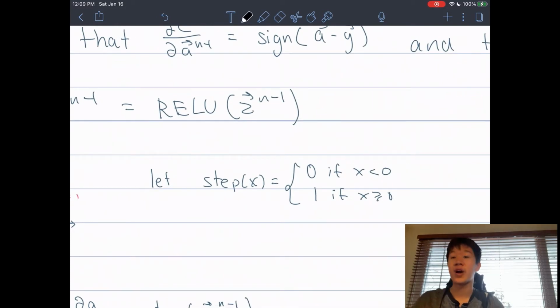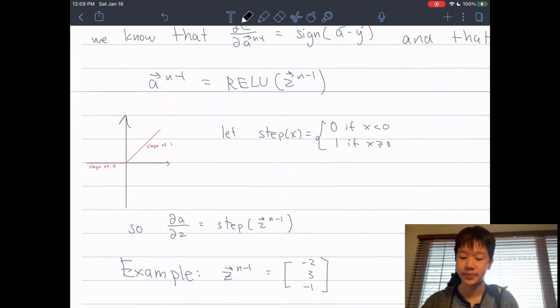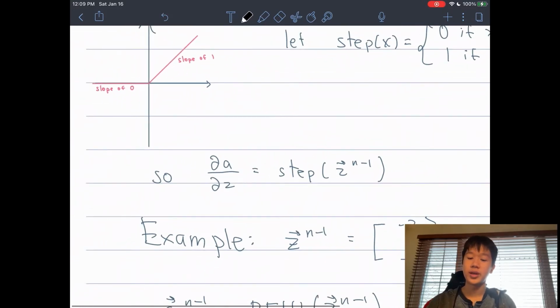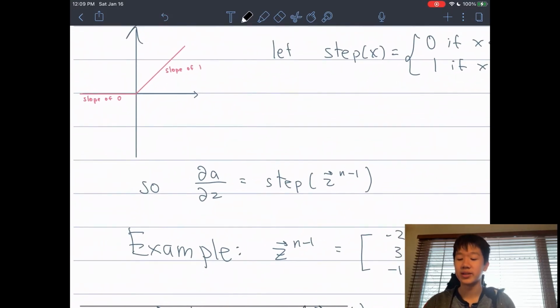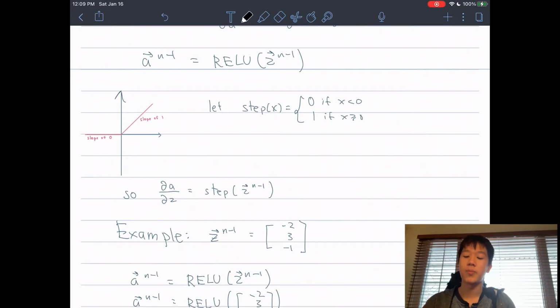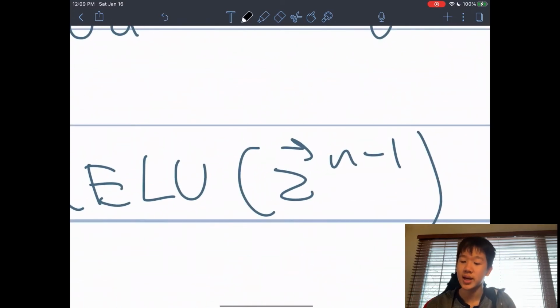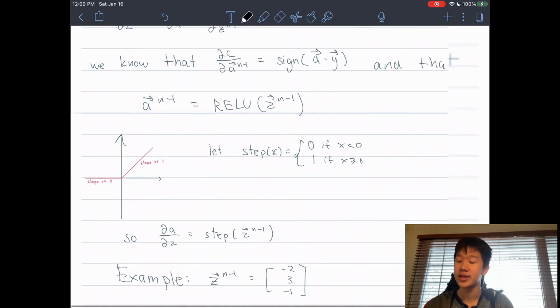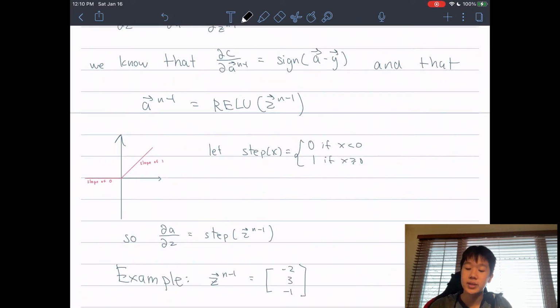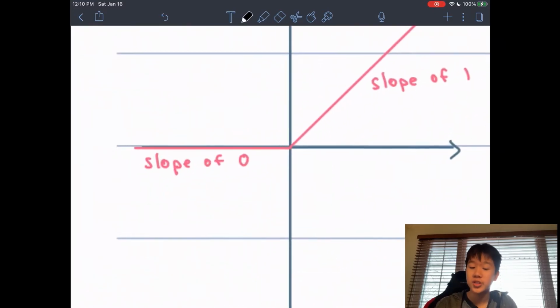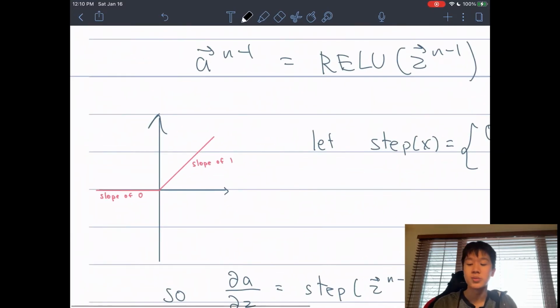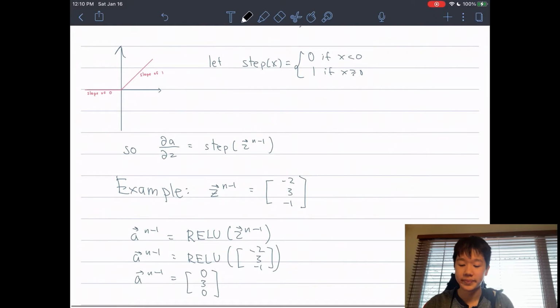So I'm going to define a function called step, which is 0 if x is smaller than 0, and 1 if x is bigger or equal to 0. We then have that del a over del z is equal to step of z n minus 1, because the input passed into the ReLU function is z. The step works because when it's smaller than 0, it's 0, and when it's bigger than 0, it's 1, the slope.